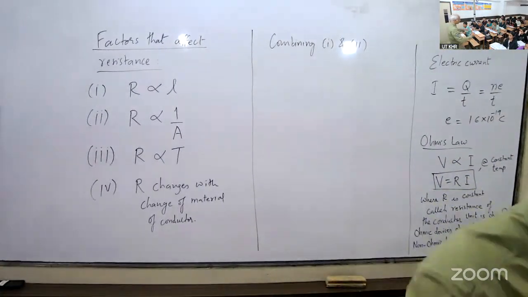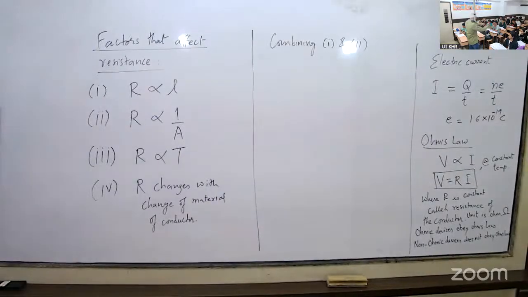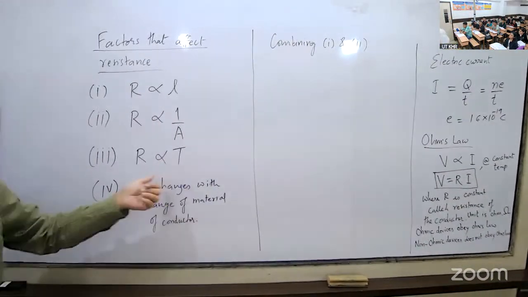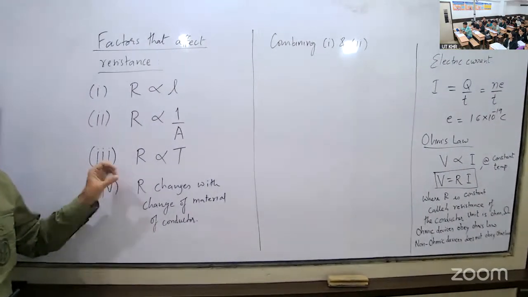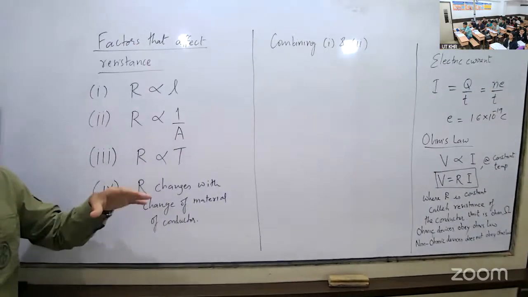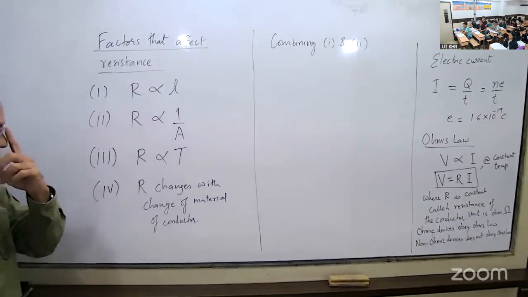It's like when I'm trying to walk and you put your legs in between. So with temperature also the obstruction increases. See the obstruction as collisions of electrons with the stationary positive charges.